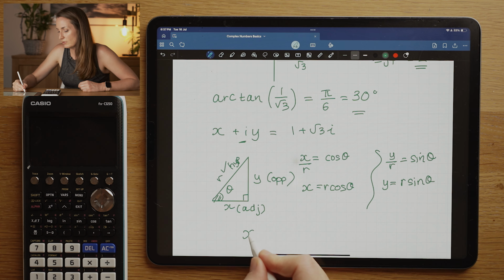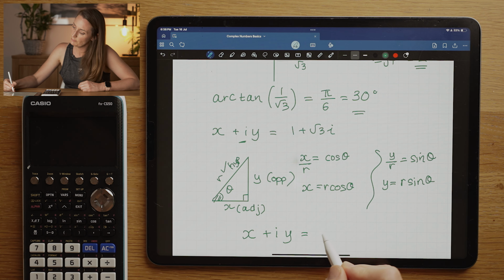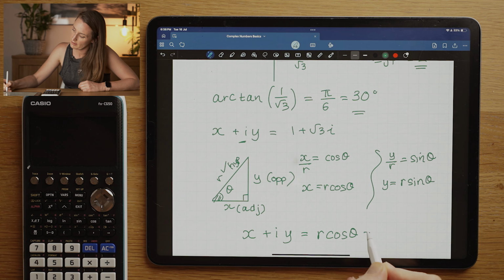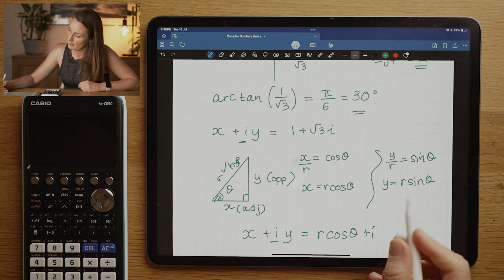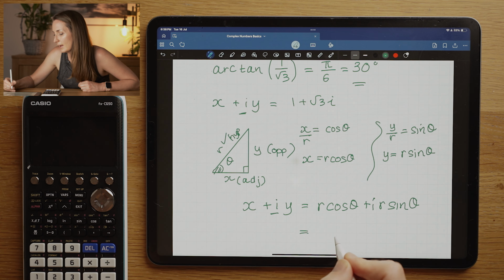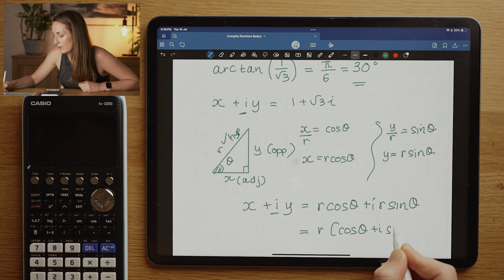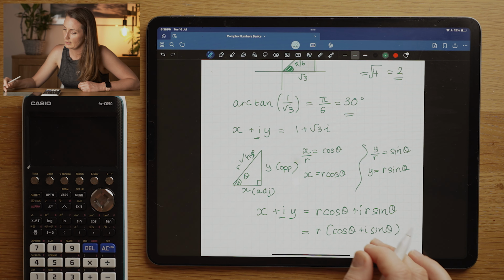So if I took my original expression, which was x plus iy, then that must be equal to r cos theta add i times r sine theta. And now I can take out the r and get r times cos theta add i sine theta. Let's put that theory into practice with our example here.